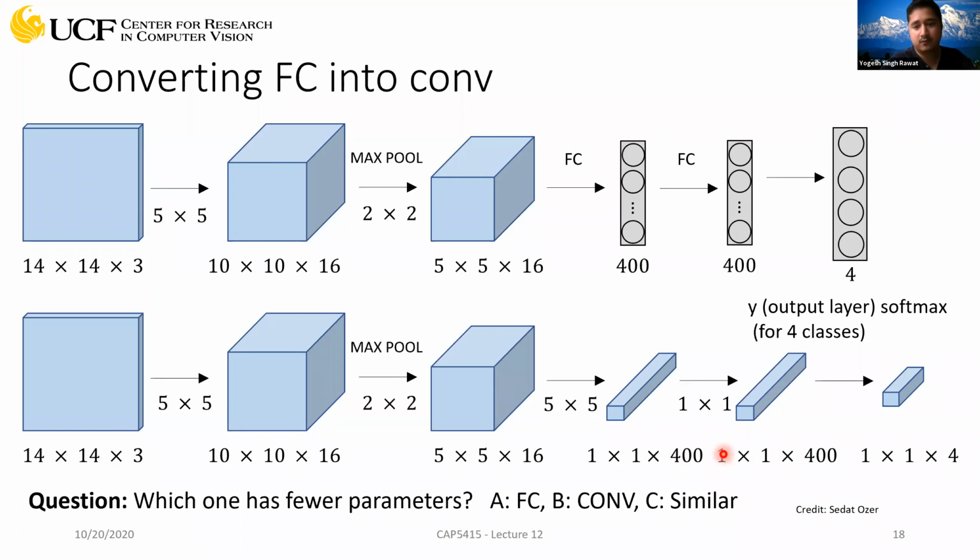So you need 400 times 400 different parameters, which is exactly the same as this particular layer, where you are connecting 400 neurons with 400 neurons. And the same is the case for this: you're moving from 400 to 4, and here also you're moving from 400 to 4. So that's why these layers are also identical. This is just a coincidence that this is matching.